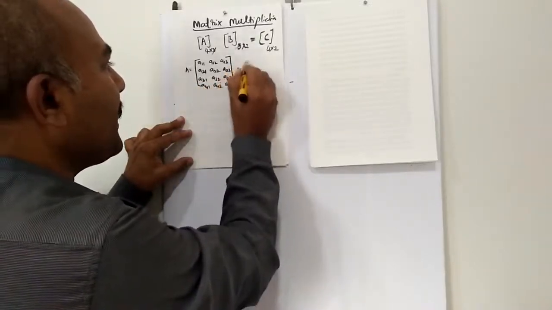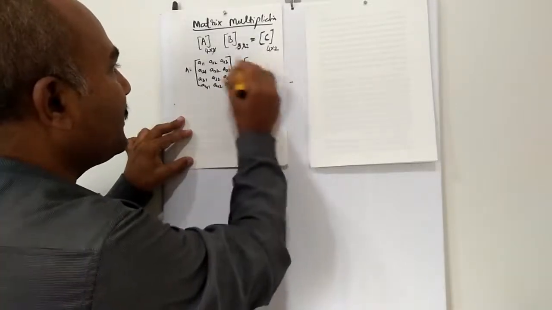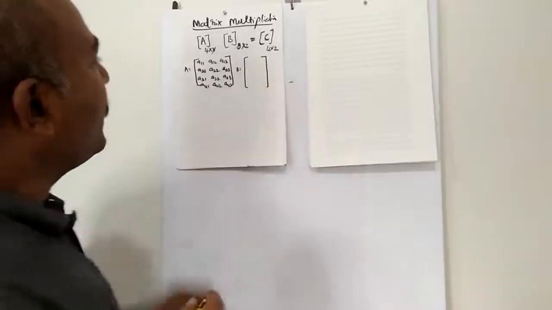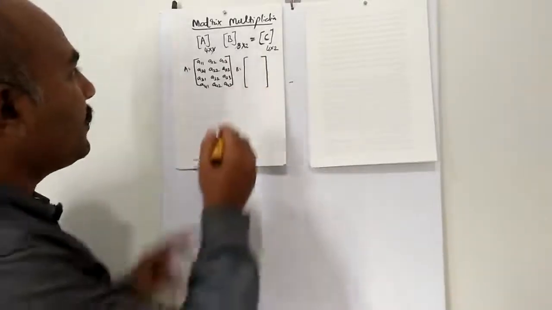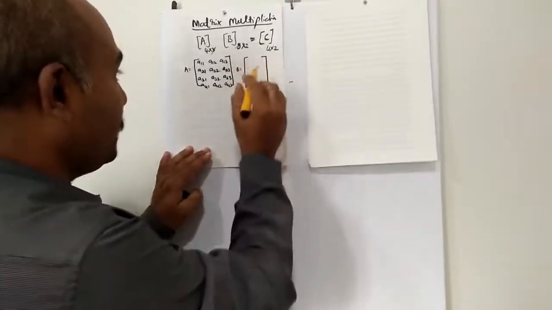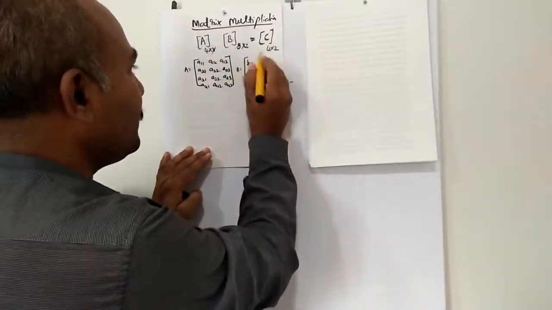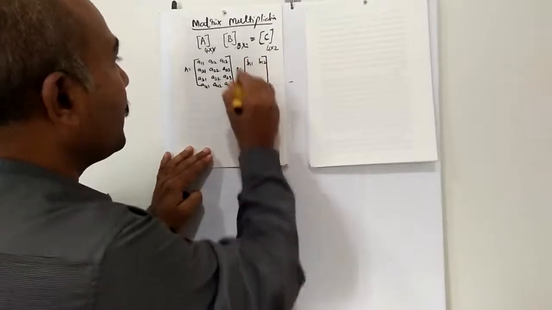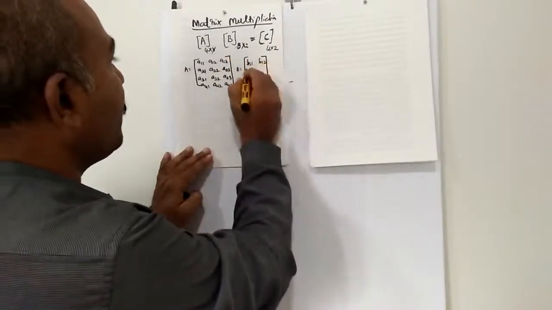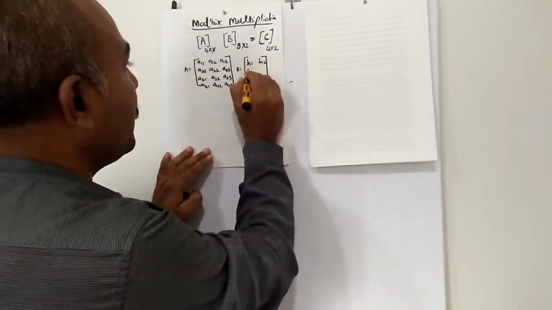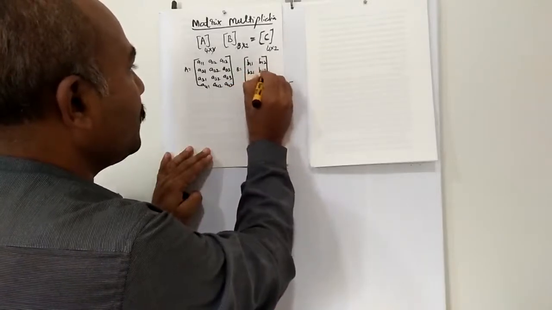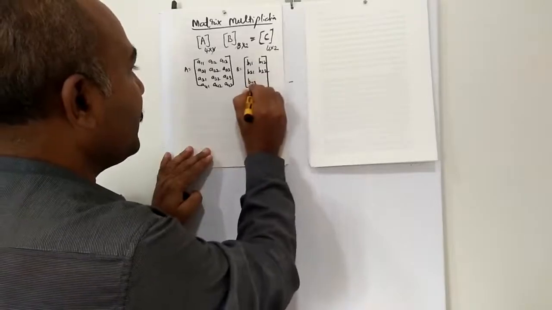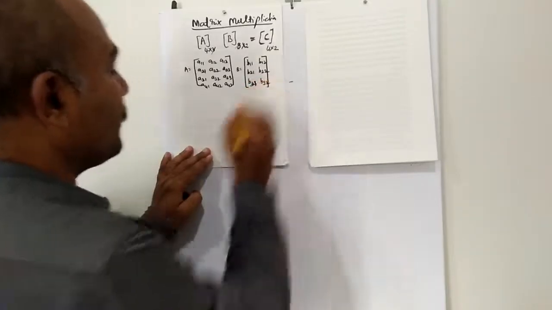B is the matrix of order 3 into 2, so the number of rows is 3. The rows are B11, B12, then B21, B22, then B31, B32.